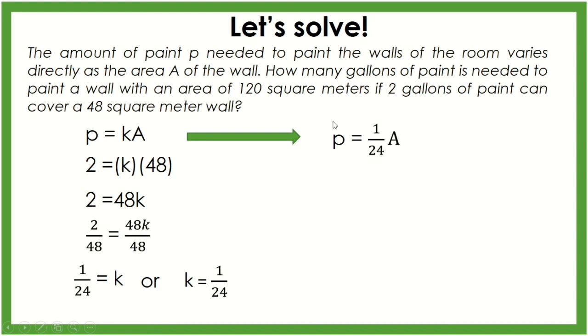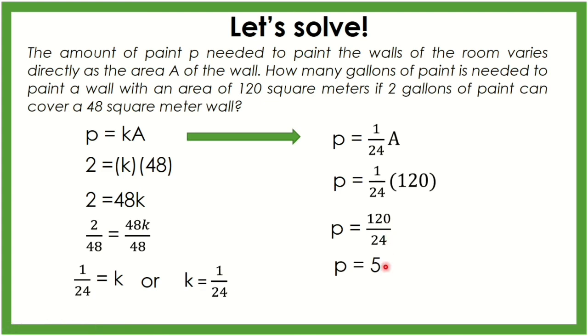Then, substitute natin yung given na 120 square meters. So, yun yung area. Okay, so we have P equals 1 over 24 times 120. So, we have 120 times 1 is 120 over 24.